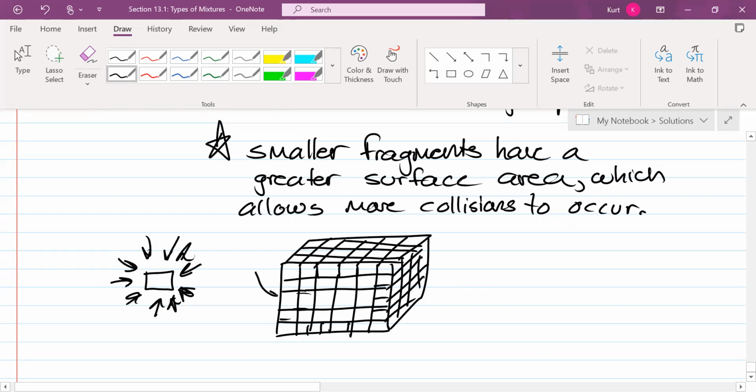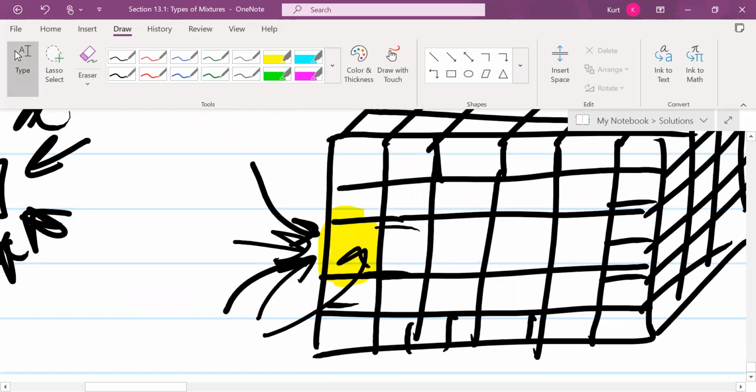Water can only hit, let's focus on this one square right here. A solvent can only get one side, or maybe actually two sides. That's it. So there's less surface area when you have a cube of sugar because you're really only able to get maybe two sides, or if you're like this one here, you can only get one side.